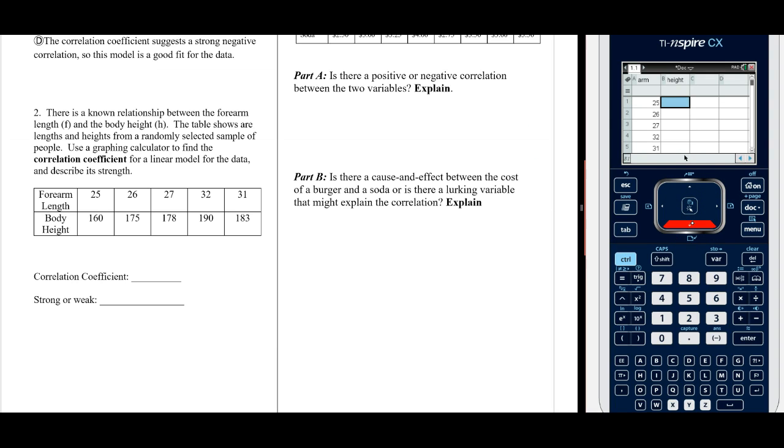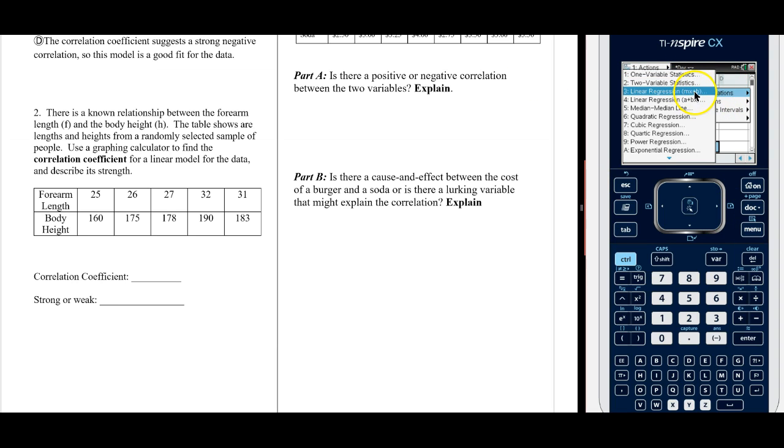And then my height: 160, 175, 178, 190, and 183. And we're going to do the same statistics, stat calculations, linear regression.